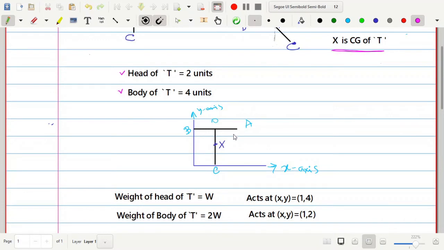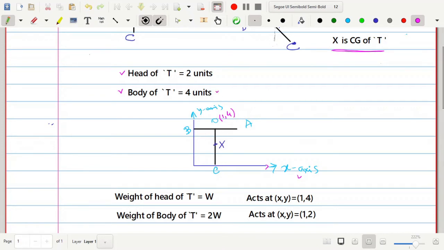For that, we fit a coordinate axis. This is the X axis, this direction, and this is the Y axis as usual, and we fit T here. Then the coordinates of O are 1, 4, because the total is 2 units. This side OB is 1 unit, so in the X direction this is 1, but the height of the body is 4 units, so this is 4.